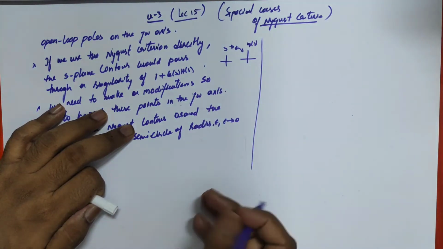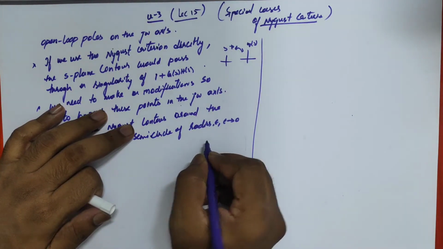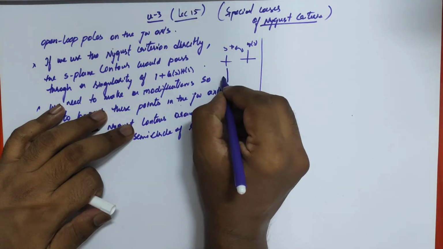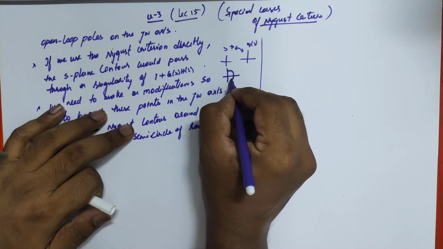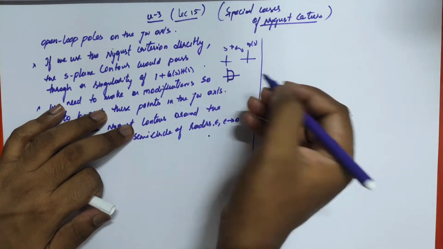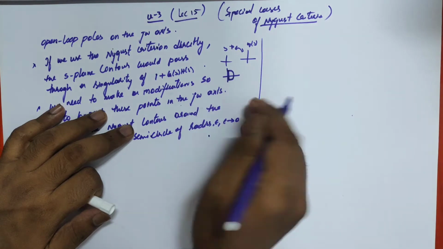Okay, and we took the contour, pretending that we took the right half plane, assuming there is an open loop system having right half poles and zeros, and we did that.